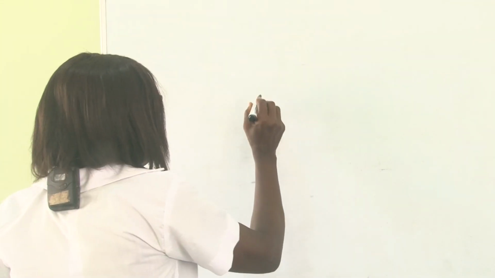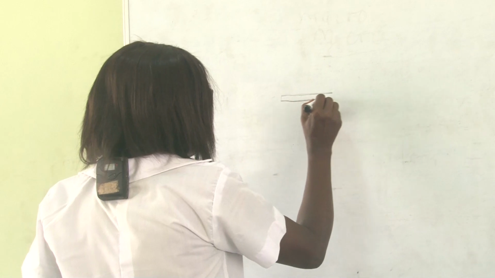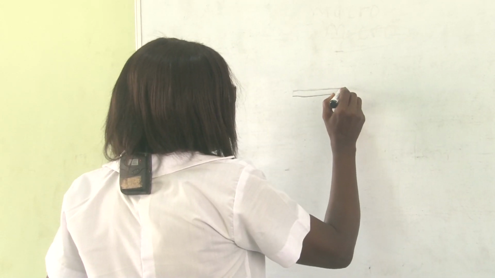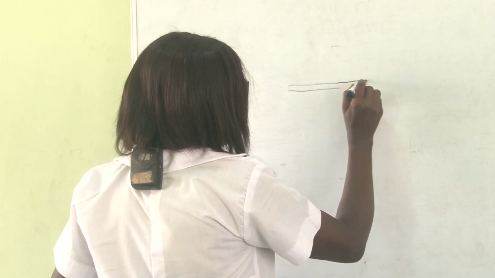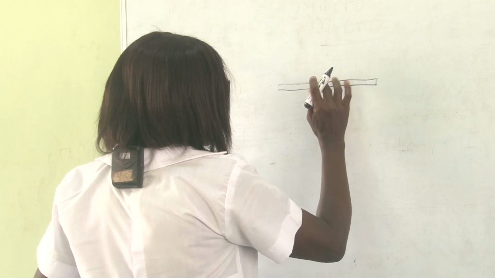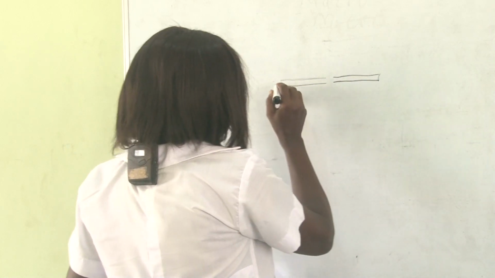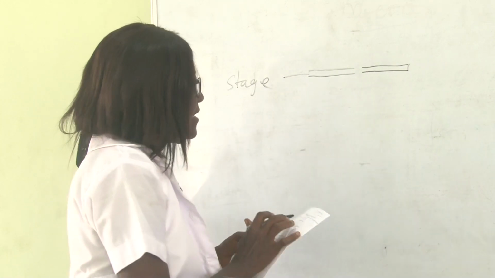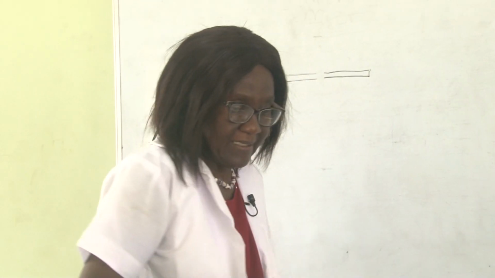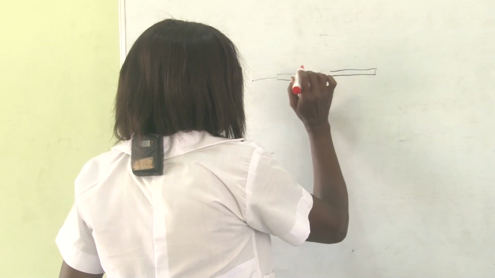So the microscope simply has a structure which is called a stage. This is the structure that the microscope slide is put on.